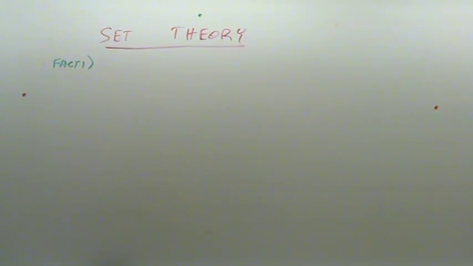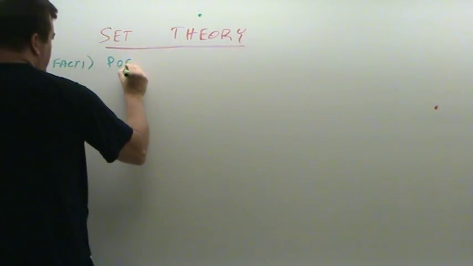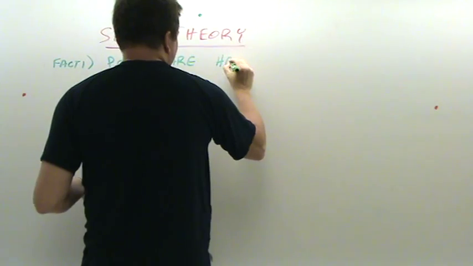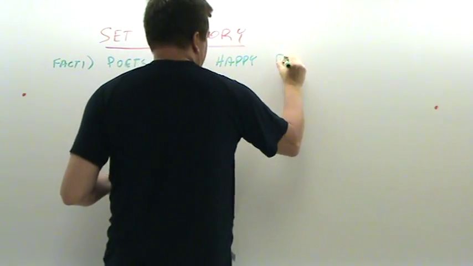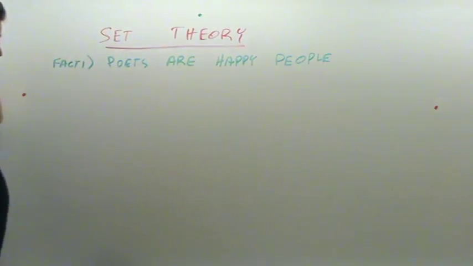Here's the green marker. Okay, poets are happy people. And when we say that, we're assuming it means all poets.